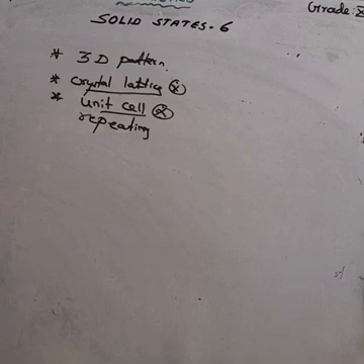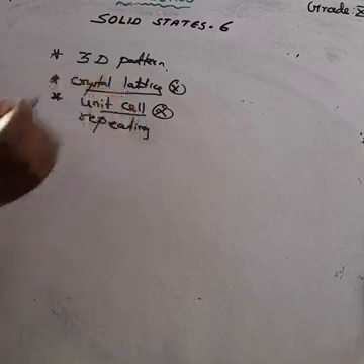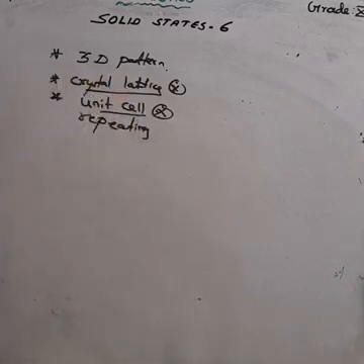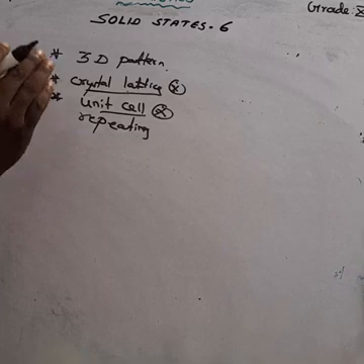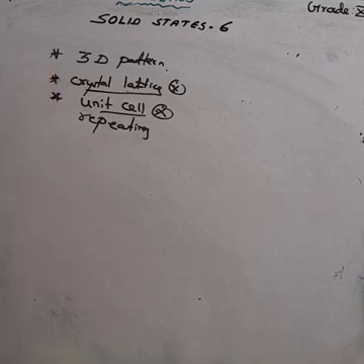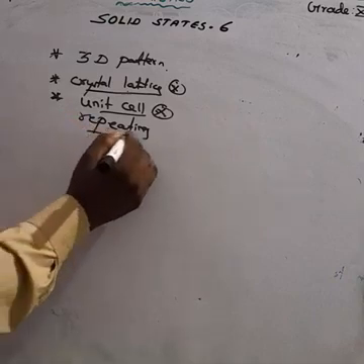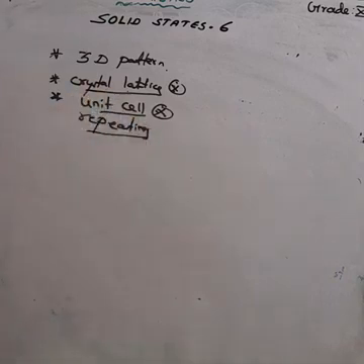So we have to learn two definitions: the unit cell and the crystal lattice. The regular arrangement of the species throughout the crystal is called crystal lattice. A unit cell is the repeating unit of a crystalline solid.